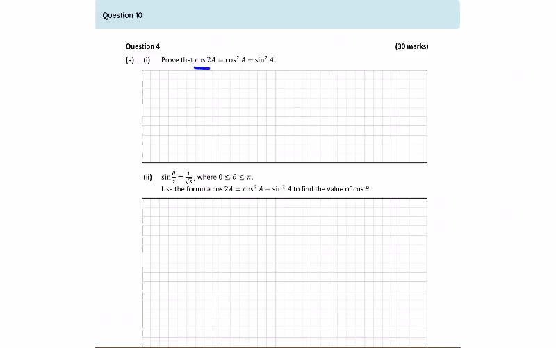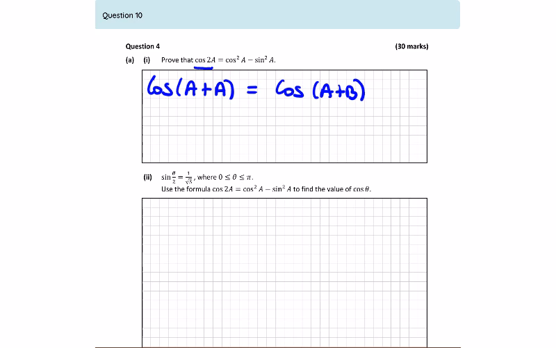The proof of cos 2a being cos squared a minus sine squared a: I think the easiest way to do this is change the cos 2a to the cos of a plus a, and that's the same as the cos of a plus b, where a and b are obviously just a.